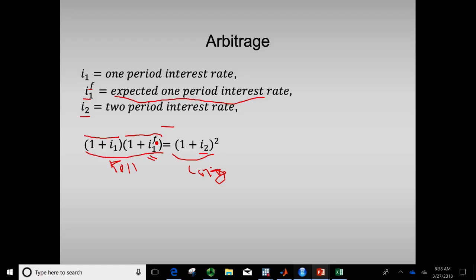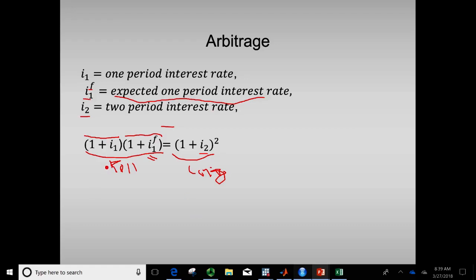You could borrow the money at the strategy that costs less, and invest it in the strategy that has the higher yield and make money. And people like to make money, in a sense, for free. This arbitrage opportunity would be an opportunity to do just that. And what it implies is that we can't be in equilibrium until interest rates adjust so that this equation holds exactly. That's arbitrage.